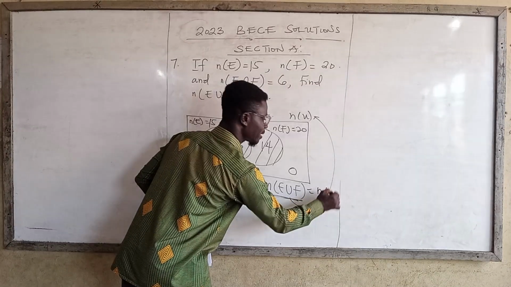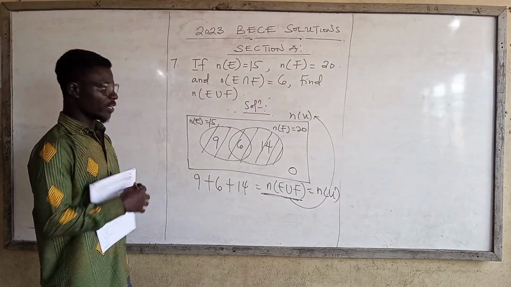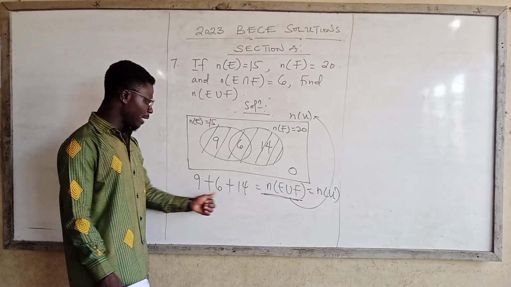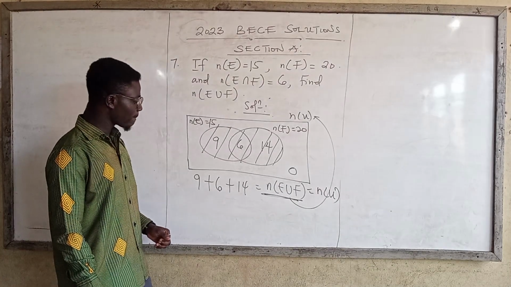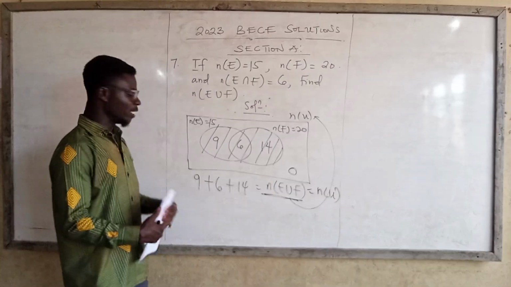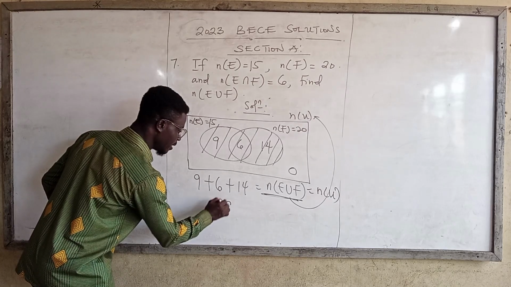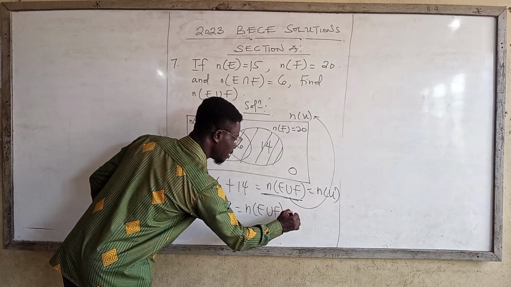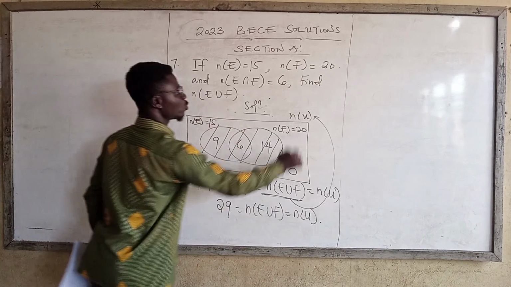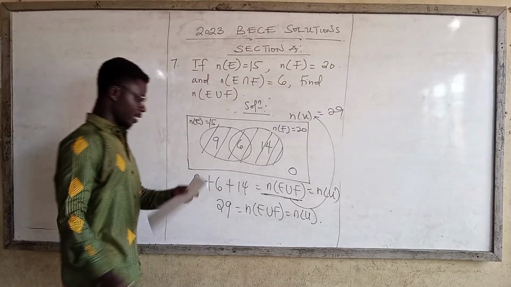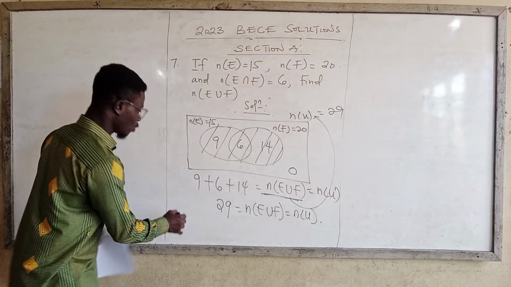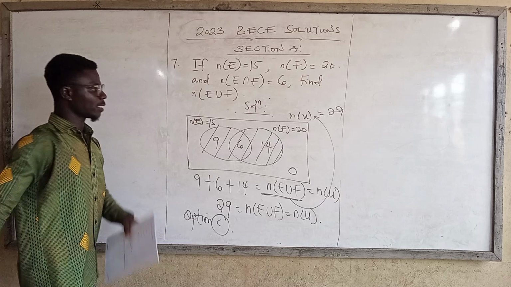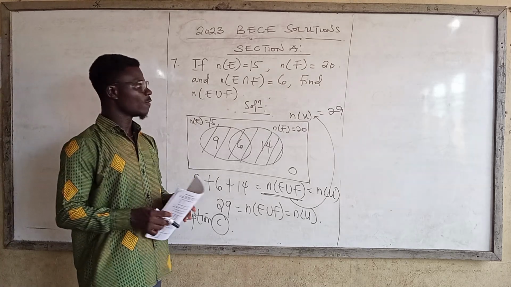So 9 plus 6, we have 15. 15 plus 14, we obtain 29, which is n of E union F, equal to n of G. So it's 29, and the answer is option C for cat.